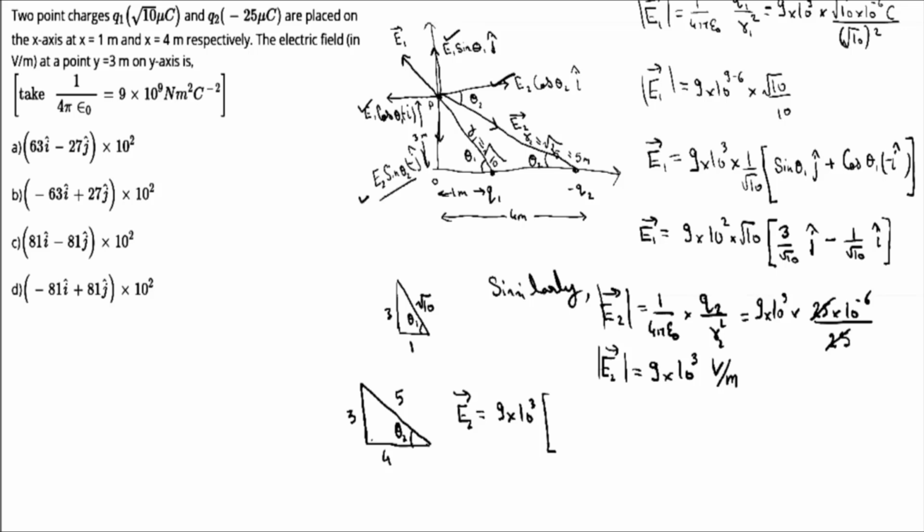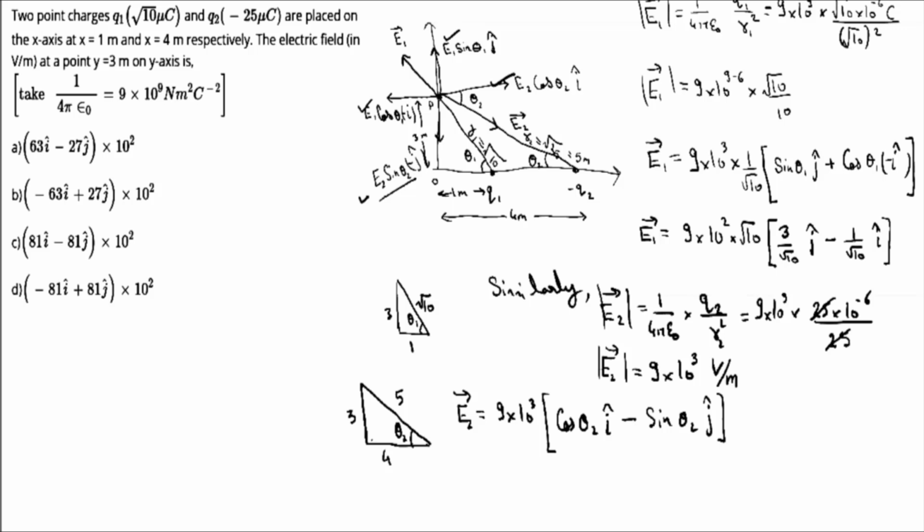So we write these two values as cos theta 2 I cap minus sin theta 2 j cap.